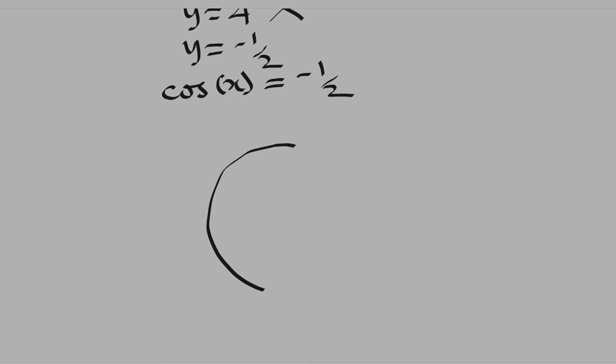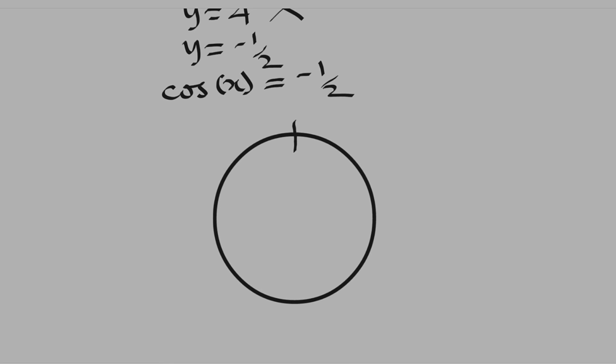Let me draw a circle. This is the y axis and this is the x axis. Remember that cosine depends on the coordinate of the x-axis, while sine depends on the coordinate of the y-axis. So the best way to start is to consider this value as positive.